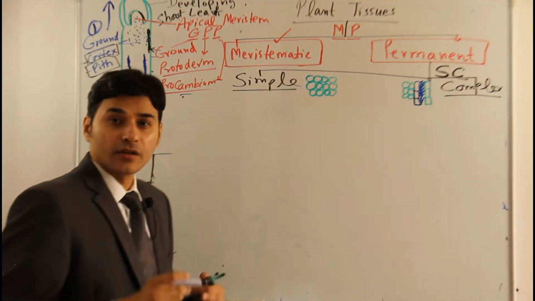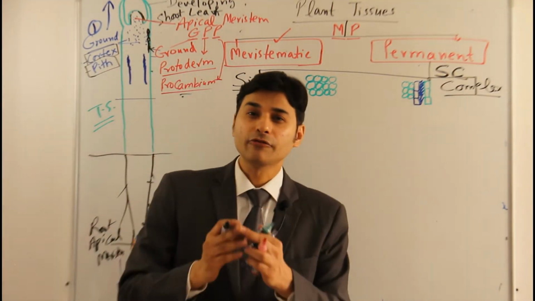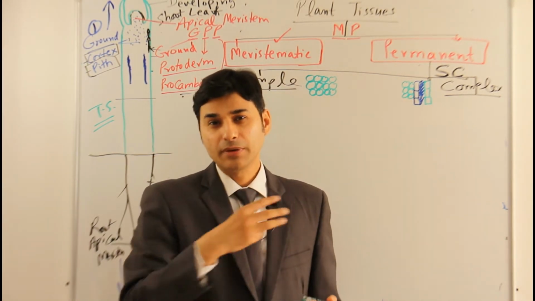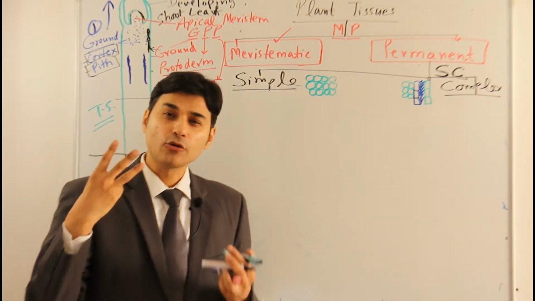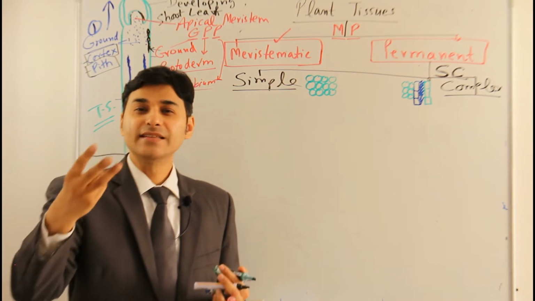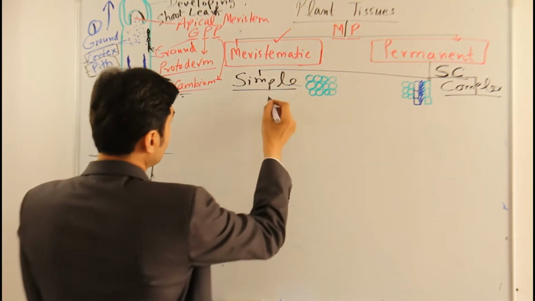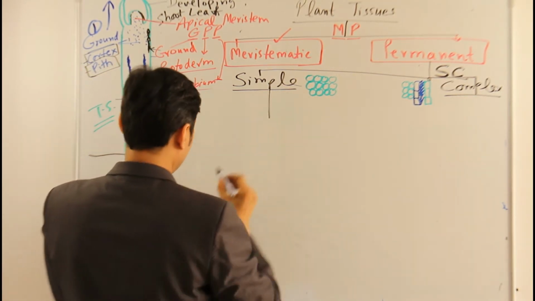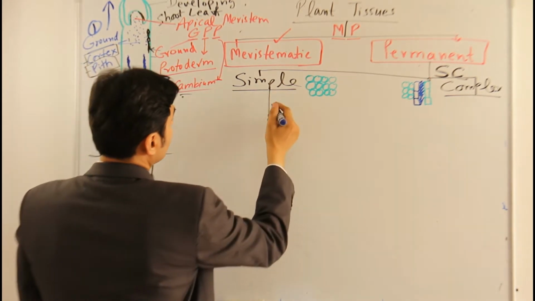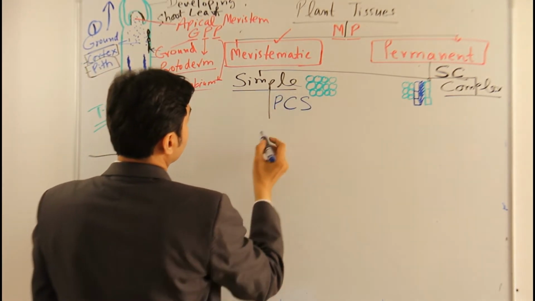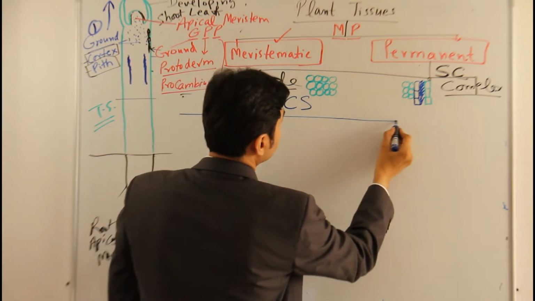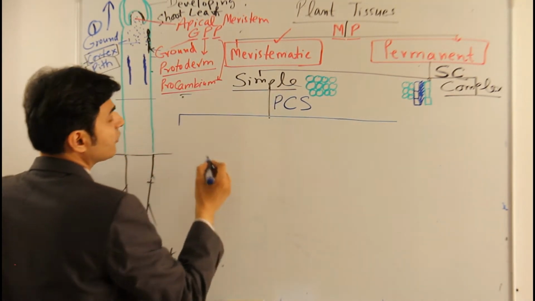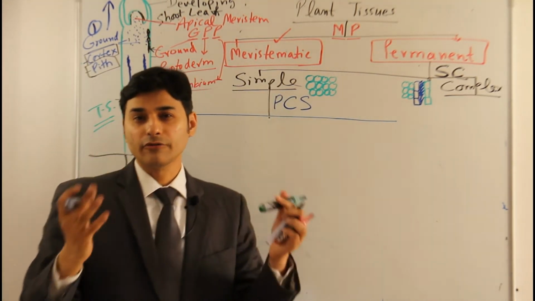Simple permanent tissue is of three types. How to remember them? PCS. This is an easy way by which you can remember all the types of tissues.